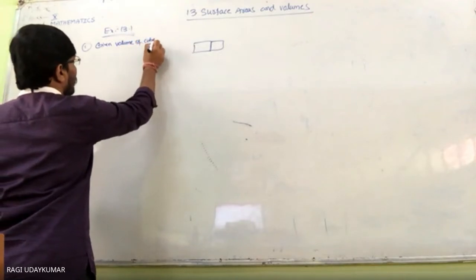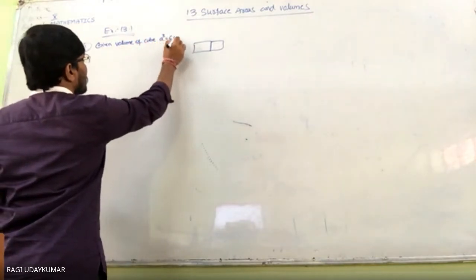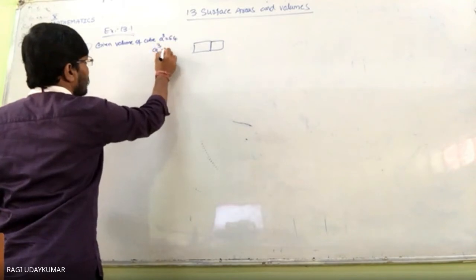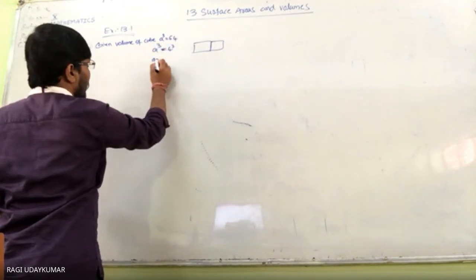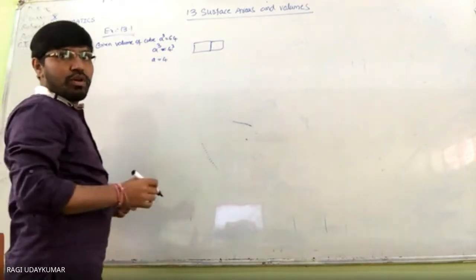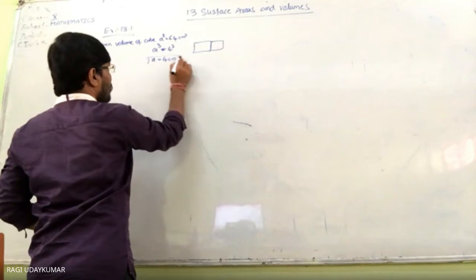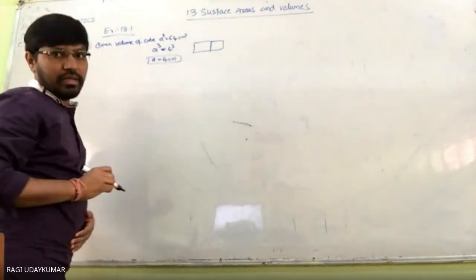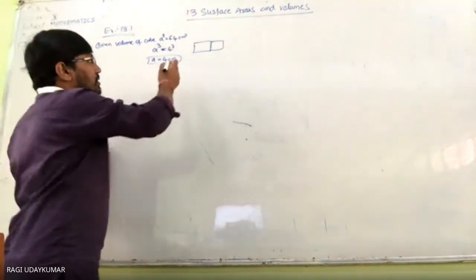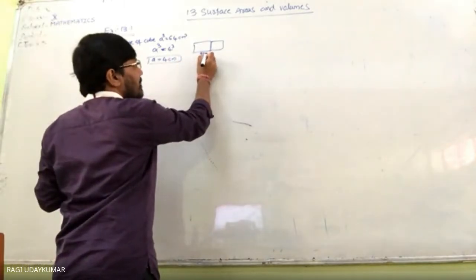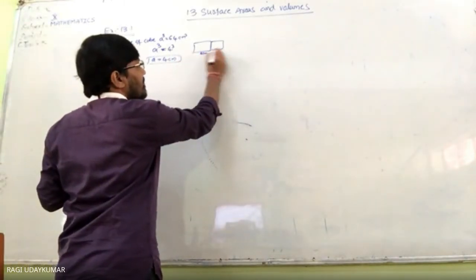Its value is given. So given, volume of the cube, a cube is equal to 64. So a cube is equal to 4 cube. So a is equal to 4. Here it is centimeter cube given. So a is equal to 4 centimeters. And when two cubes are joined, this is 4 centimeters, this is 4 centimeters.